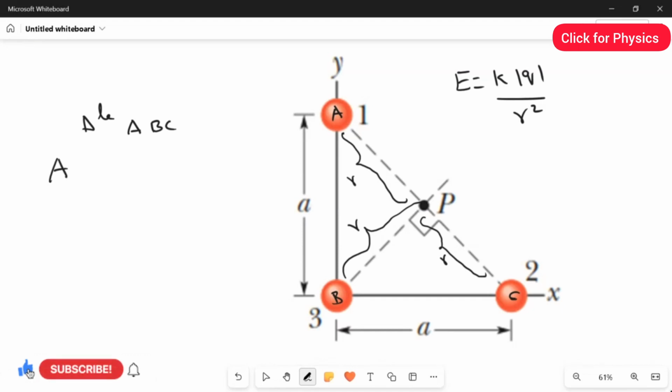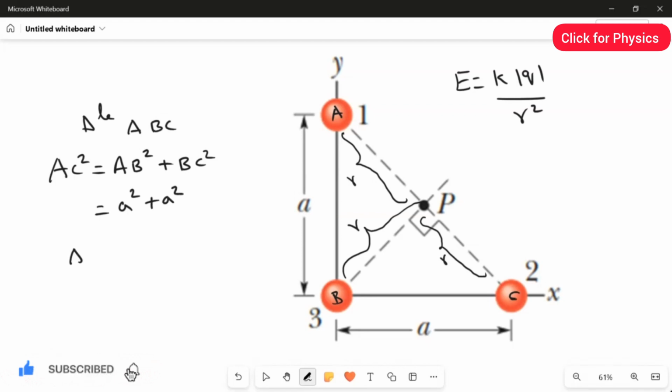So AC square is equal to AB square plus BC square. Here the distance between A and B is a, so I can write a square here. Likewise, the distance between B and C is a, so BC square is again a square. So what's the value of AC square here? The value of AC square is 2a square.